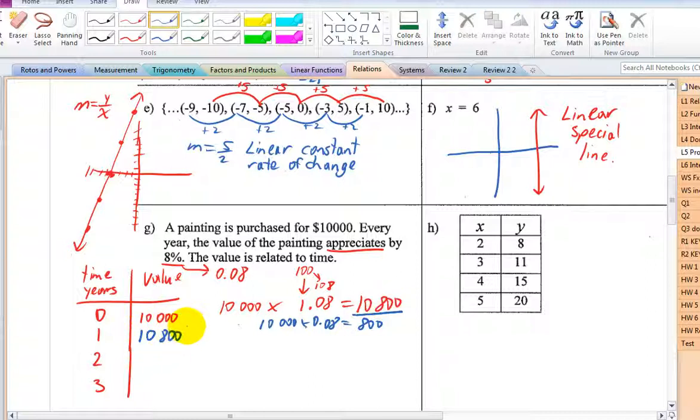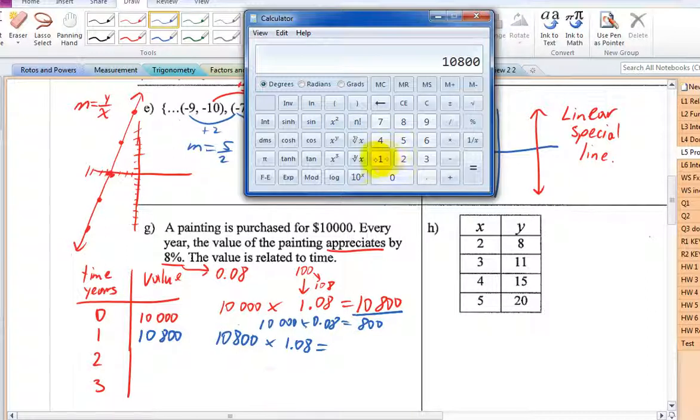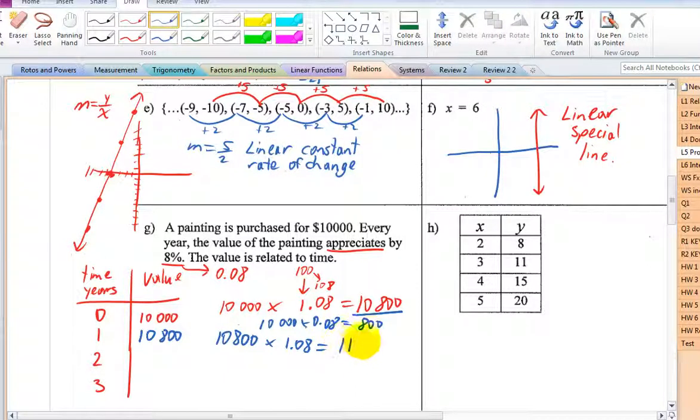So we're not taking 8% of 10,000, but now we're taking 8% of 10,800. So this is that compound interest rate they talk about and why it's so important that you start investing when you're really young. So times that by 1.08, and now the painting's worth $11,664.